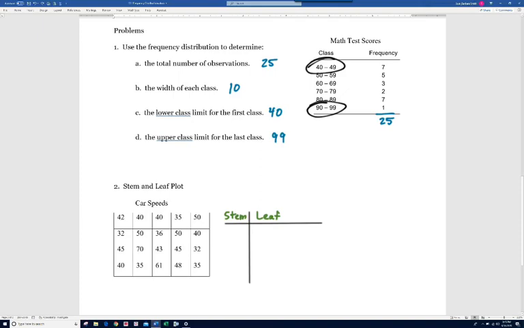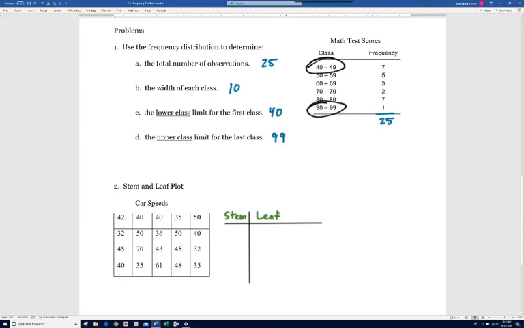The leaf always just has the last digit, or the ones, and the stem will have the other digits. So in this case, we're just going to put the tens digit in the stem column. And by the way, you can see that our values range from the 30s all the way to the 70s.